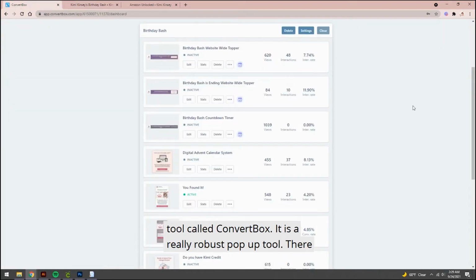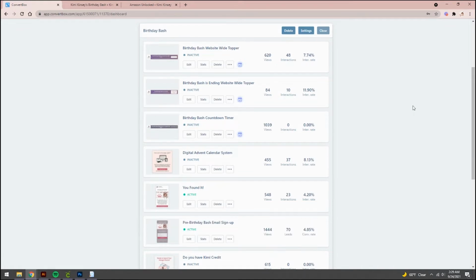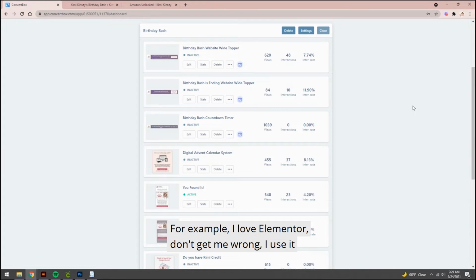It is a really robust pop-up tool. There are definitely others out there similar to it, but out of all the ones that I've used, I honestly think it has some of the most amazing features that I personally am spoiled by now. For example, I love Elementor. Don't get me wrong, I use it frequently.